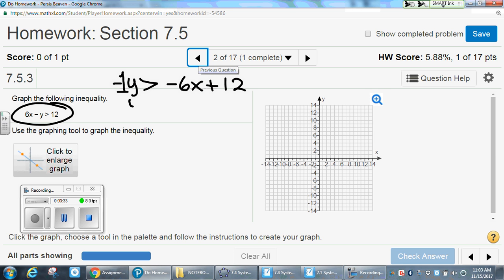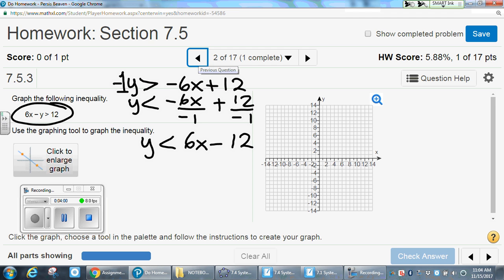Anytime you multiply or divide by a negative number, you have to reverse the inequality symbol. So it will be that divided by negative 1, and it will be plus 12 divided by negative 1. Again, I reverse the inequality symbol because I divided by a negative number. This turns into y is less than positive 6x minus 12.